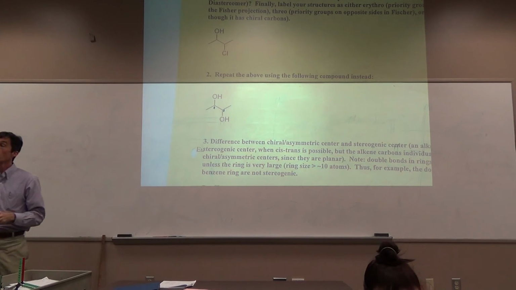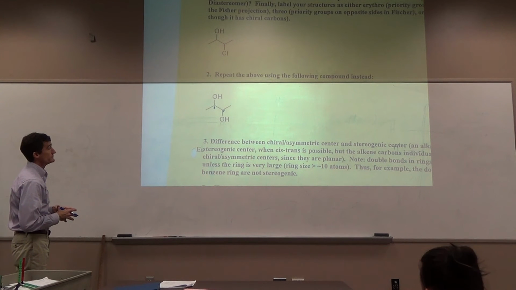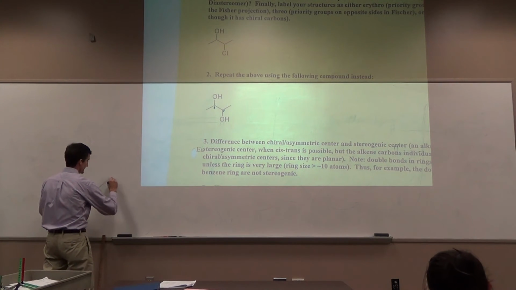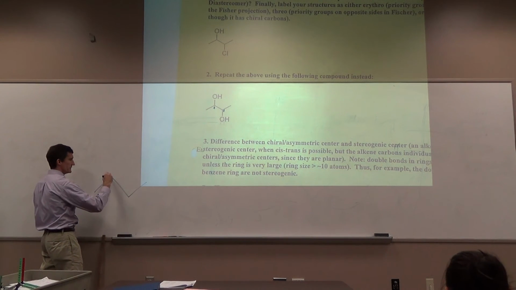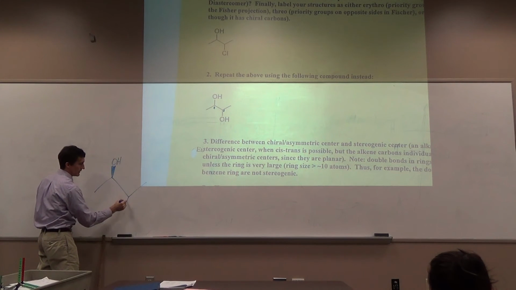Two to the n would be 4. 4 would be, say, the max. But is it really 4? Or are some of those actually going to be the same? Let's draw them in perspective drawings. The first one before, I think both were bolded. Is that right? We can keep it consistent. Were they both bolded before? Yeah.